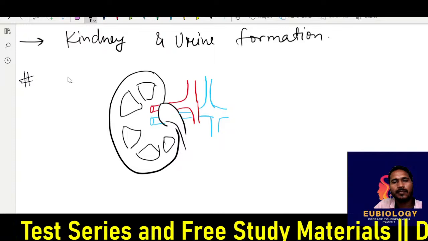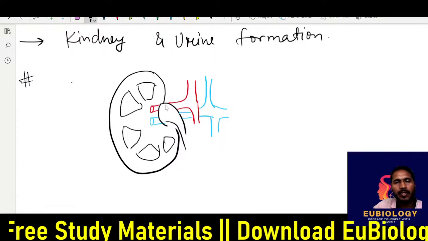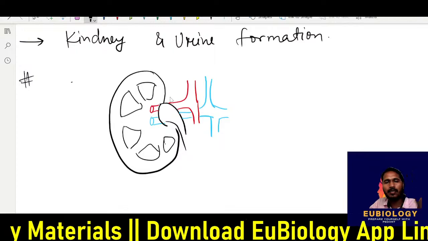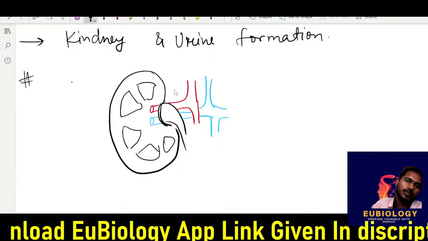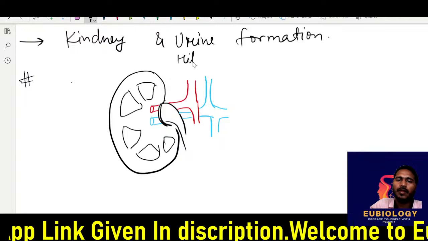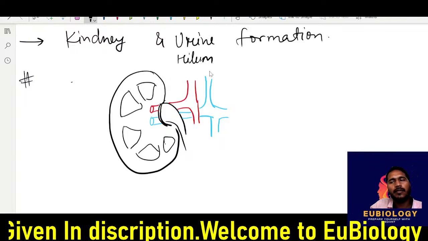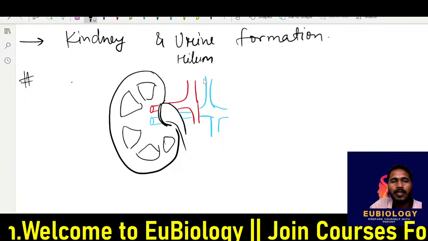So the region where it is making a notch-like structure, this region which is making a notch-like structure, that is called a hilum. From where these arteries and veins will enter inside the kidney.